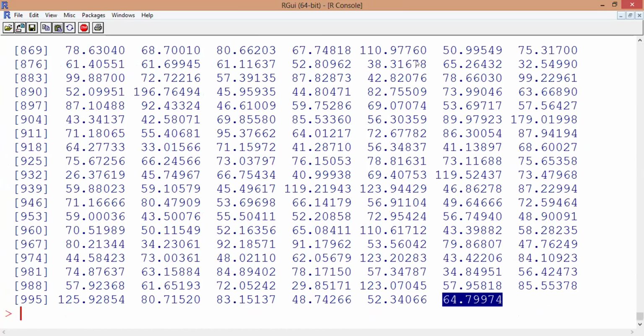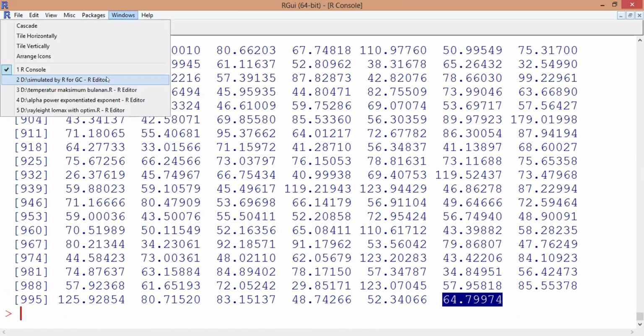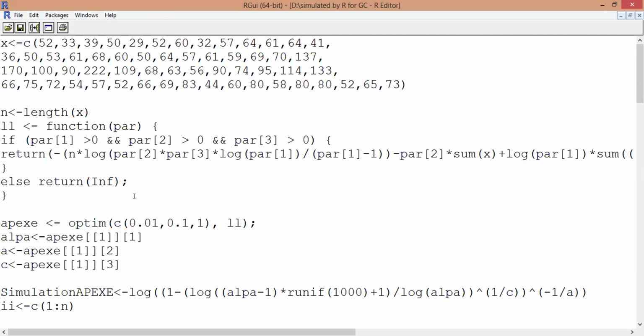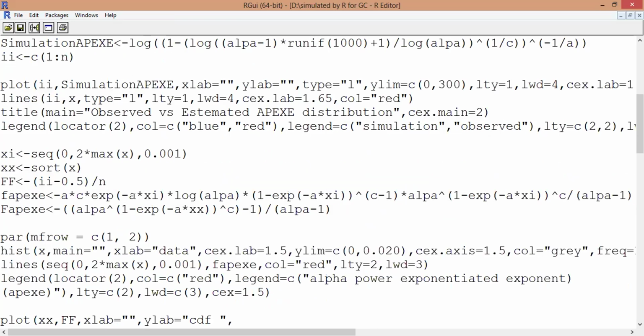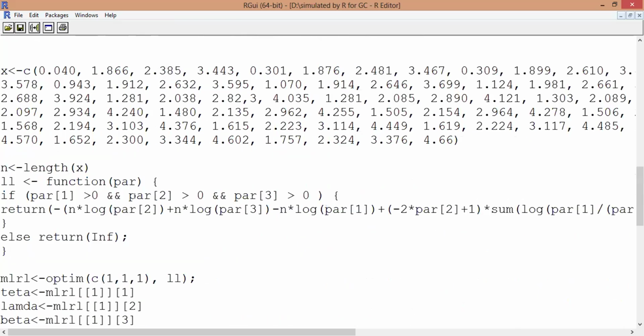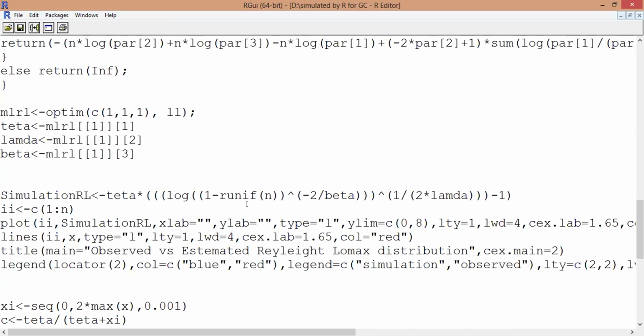And then for the second research article, we will try to create 1,000 data in the same way. It means in the simulation program, we change n to 1,000. It means we want the simulation of 1,000 data.